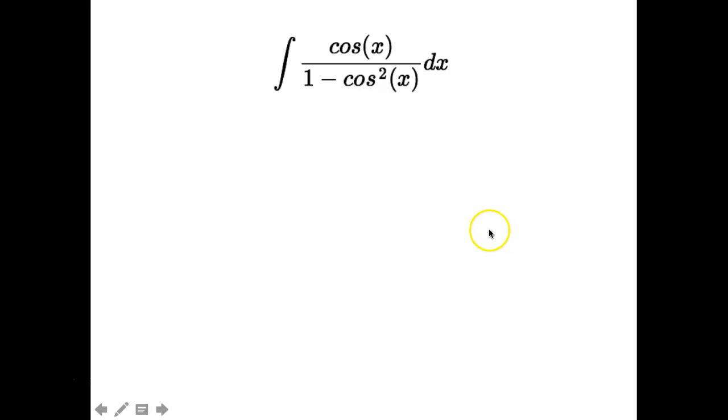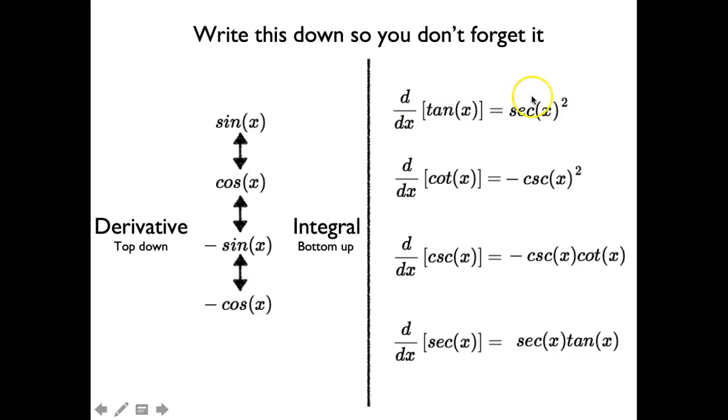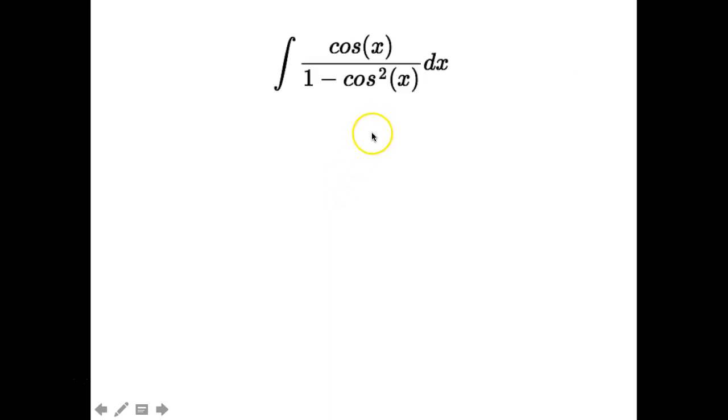Okay, if you look at this, this looks complicated. This does not look anything like any of these 4 on the right-hand side or any of these 4. So what I'm going to have to do is manipulate it to make it look like one of those. If I can't, then I just don't know the answer, okay? So, one trig identity, which is the trig identity you should have memorized from pre-cal.